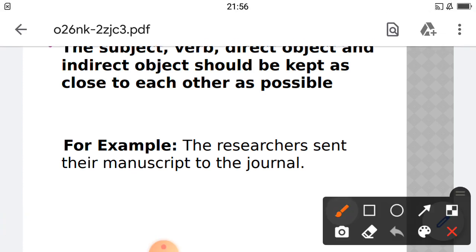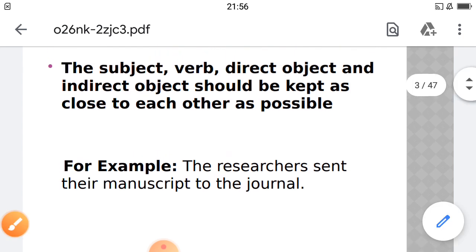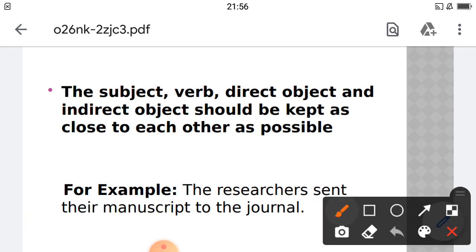In this sentence, the researchers, that's the subject, sent is the verb, manuscript is the direct object, and journal is the indirect object. Thus, the subject, verb, direct object and indirect object are kept close to each other. Hence, we can say that the word order in this sentence is correct.